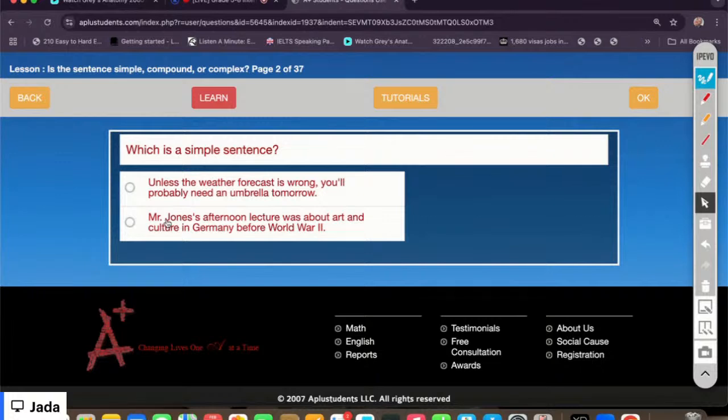So, what is the answer to this one? So, we have the second, because the first one starts with unless, and unless is a subordinating conjunction. So, if it's starting the sentence, then it is a complex sentence. So, the second is the simple sentence.